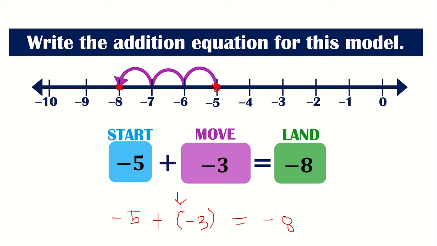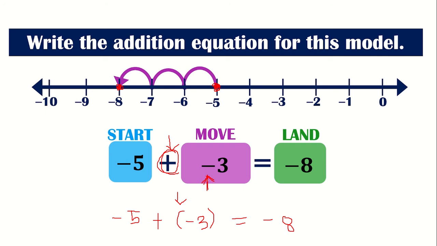We use the quantity here, or we enclose the -3 inside the quantity or parenthesis. It's because we don't want to confuse ourselves whether this is a sign or an operation. So what makes the two different from each other? This is an operation of addition, meaning you're combining two different numbers.